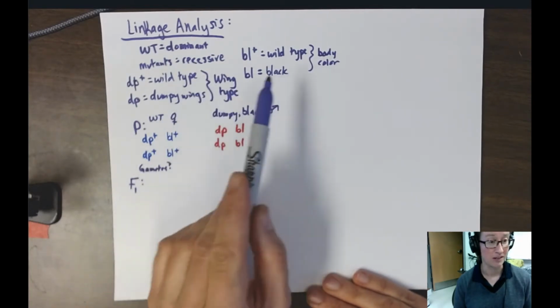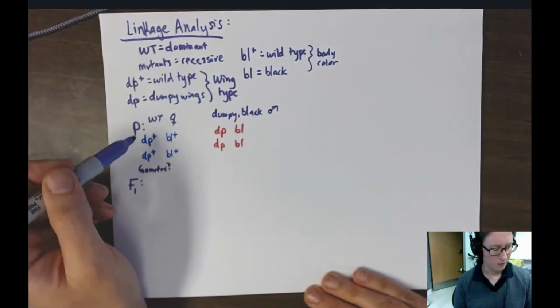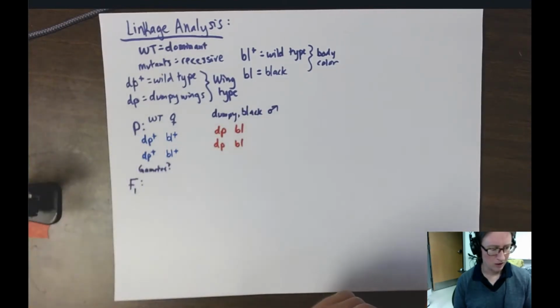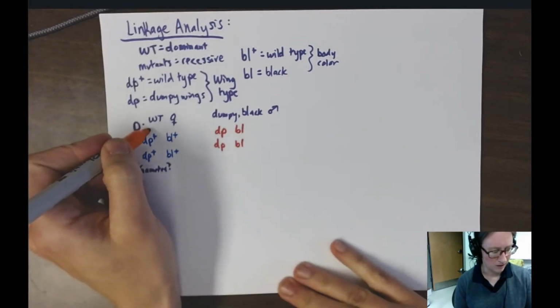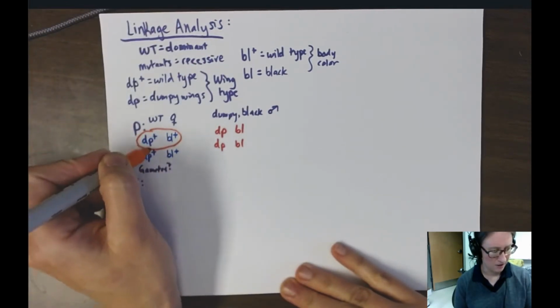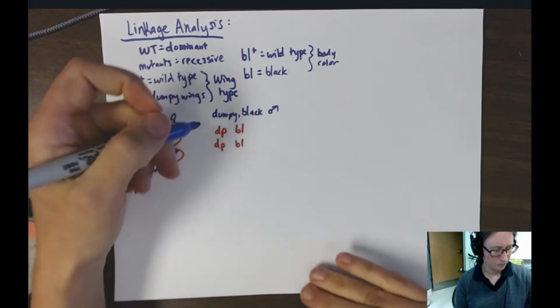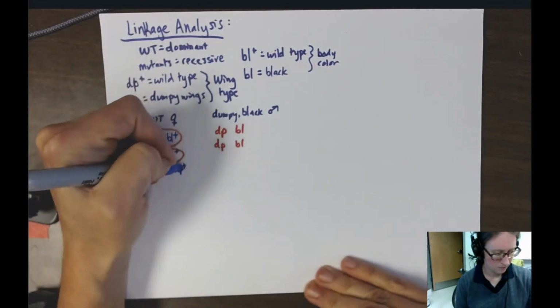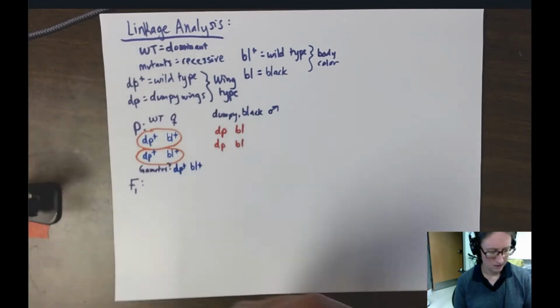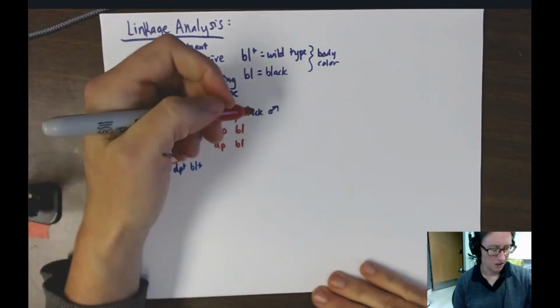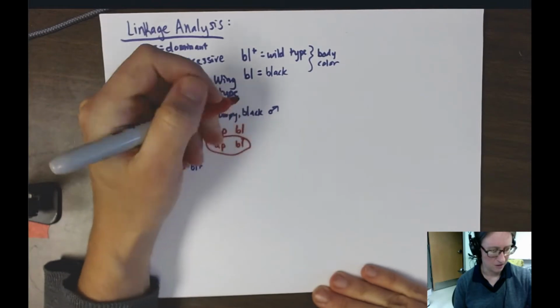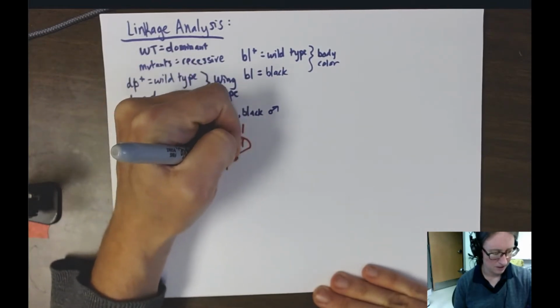They need both traits. So for this wild type female, there's only one possible type of gamete that she can produce when we're just looking at these two genes, right? All of her gametes are going to be DP plus, BL plus, okay? Similarly, for this male, all of the gametes that he can produce are going to be identical, right? So he's only going to produce DP, BL.